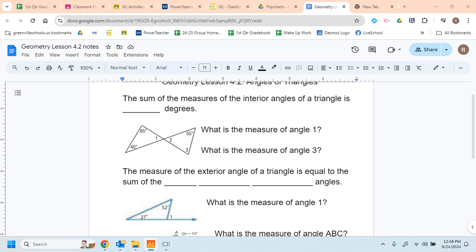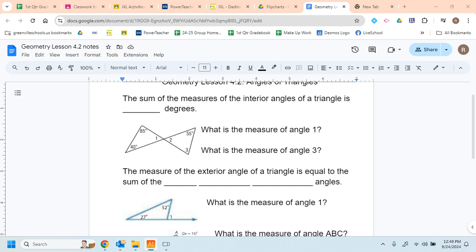The remote ones would be this one and this one. So the measure of angle 1 would be angle A plus angle B.